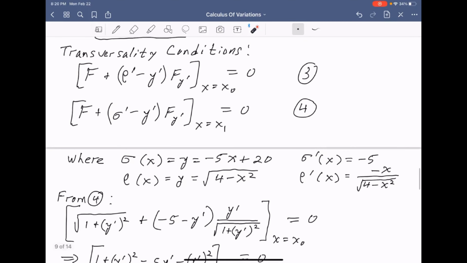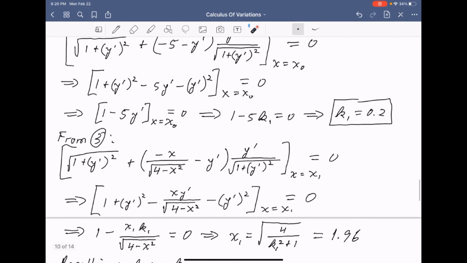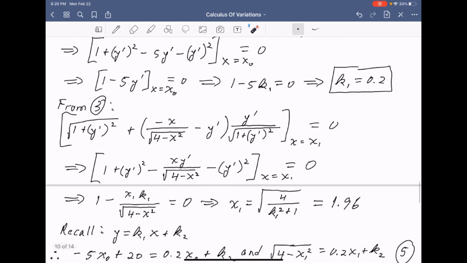Then from 3 up here, we get that the square root of 1 plus y prime squared, that's this term, plus minus x over the square root of 4 minus x squared minus y prime, all multiplied by y prime over the square root of 1 plus y prime squared, evaluated at x1 and set to 0. When we do that, we get the same thing.